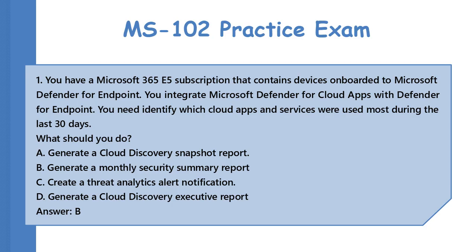A. Generate a Cloud Discovery Snapshot Report. B. Generate a monthly Security Summary Report. C. Create a Threat Analytics Alert Notification. D. Generate a Cloud Discovery Executive Report. Answer: B.